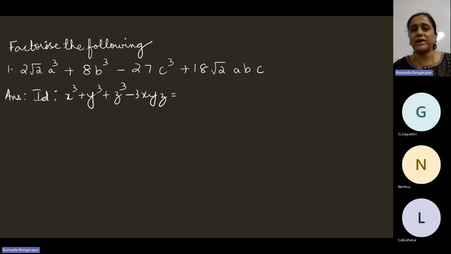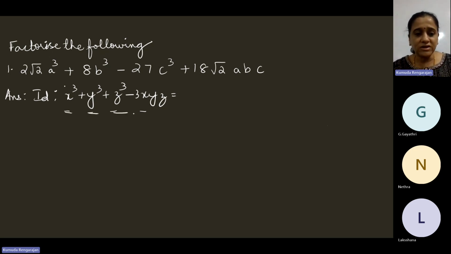We should not manipulate them, even though we have different signs in the expression here. So the identity is x cubed plus y cubed plus z cubed minus 3xyz is equal to. Now in this identity, the left-hand side has 4 terms. The signs need not match, so don't worry about the signs.